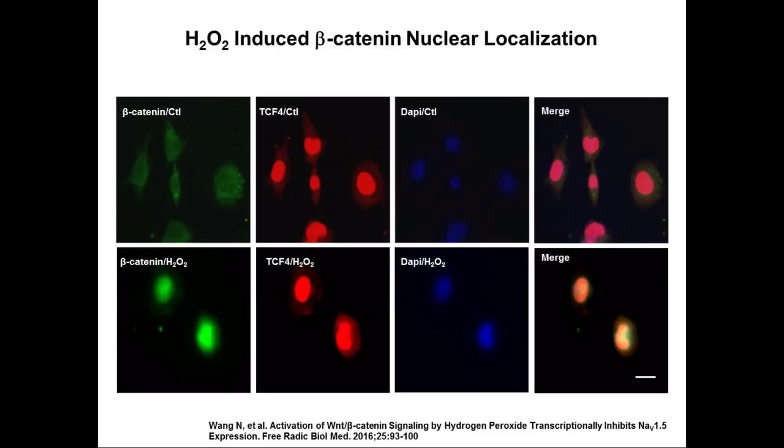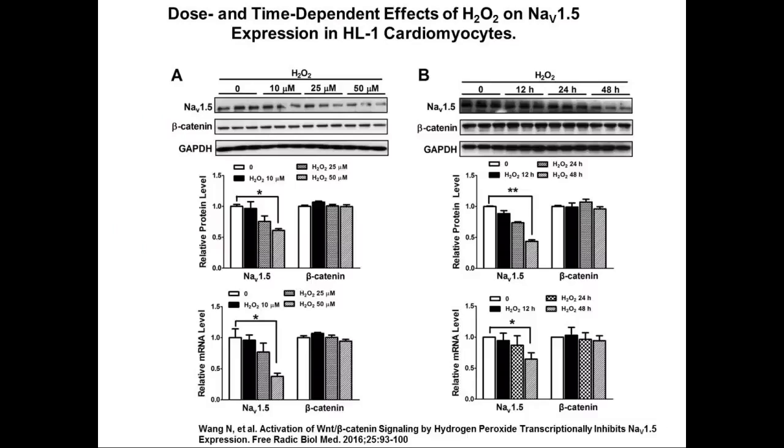One group reported that H2O2 can affect beta-catenin nuclear localization. We repeated this experiment. As you can see, when we add the H2O2, beta-catenin is translocated to the nucleus. TCF4 still stays in the nucleus.